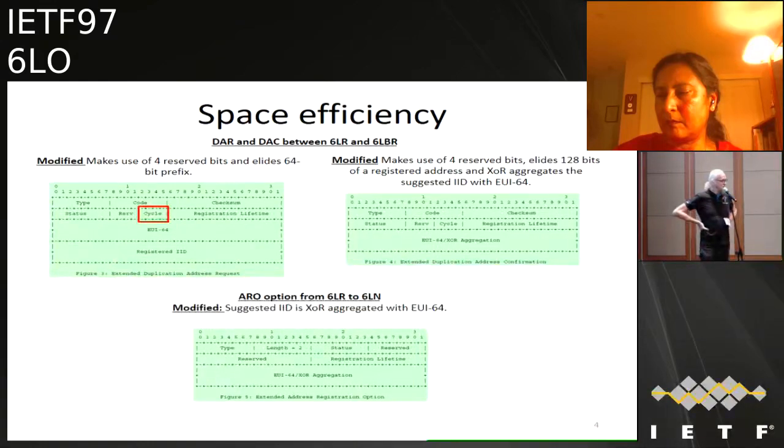So the MAC address is not bound to the EUI64. You can register any MAC address you want, but to find out who is registering that, whether that's the same guy just re-registering at a different router, or a different guy who tries to steal your address, we send the EUI64 of the node together with the registration. So that's the reason for this.